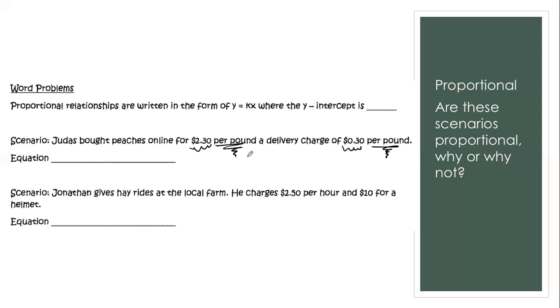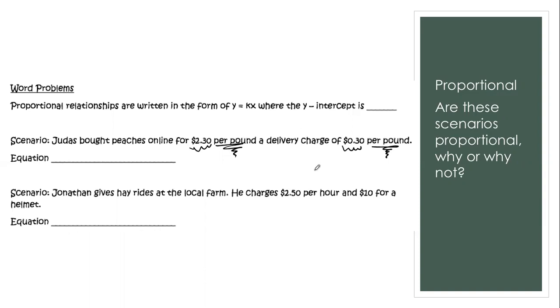All right, so this was a trick one because you had to look at those keywords. Most of the time people see two numbers and think, oh, there's two numbers here, so it's not proportional, there's a y-intercept somewhere. But let's read it. Judas bought peaches online for $2.30 per pound, and a delivery charge of 30 cents per pound.